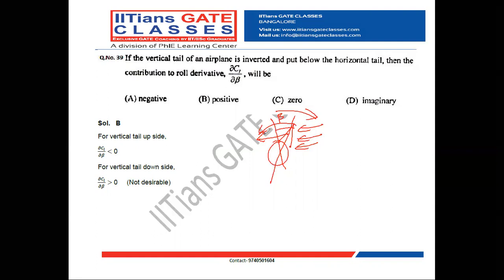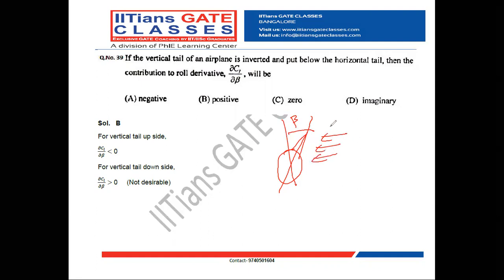To make it clear, we'll redraw this to understand what happens. Consider this is an airplane which is side slipping towards the starboard side by an angle beta. Since it is side slipping towards the starboard side, there will be an increased sidewash generated towards port, which creates a side force towards the port side.